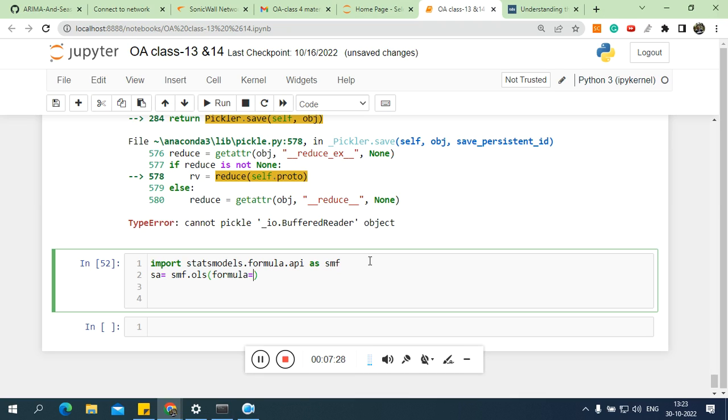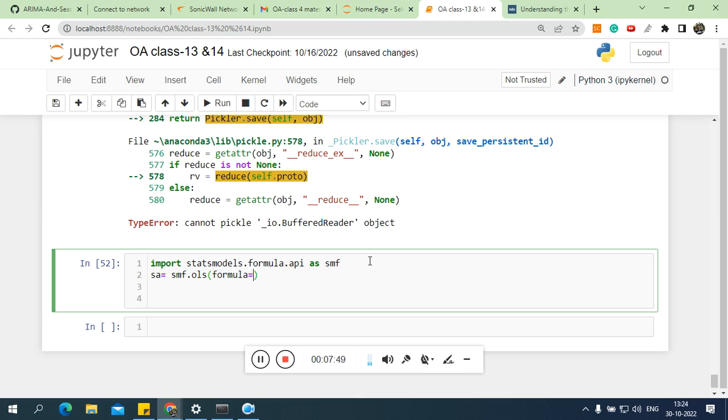where you first need to remember what is your independent and what is your dependent feature. Here the dependent feature is sales, and the independent is TV. TV, newspaper, radio are the independent features, but I try to analyze first the relationship between sales and TV.